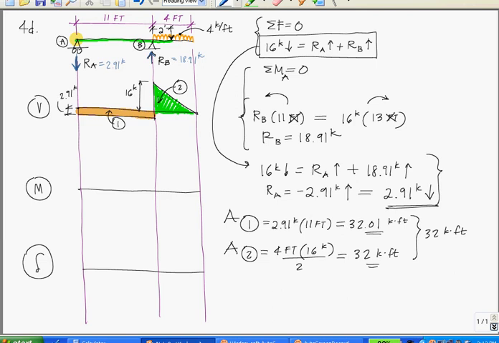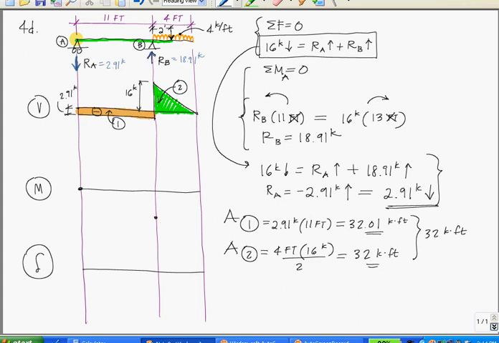So to do our moment diagrams, we start at this connection on the left-hand side, and we know the moment is 0 at a roller support unless there was applied moment. We also know that this shear diagram area is negative, so we're going to be going down. How much are we going down? We're going the area of this orange area called 1, which is 32.